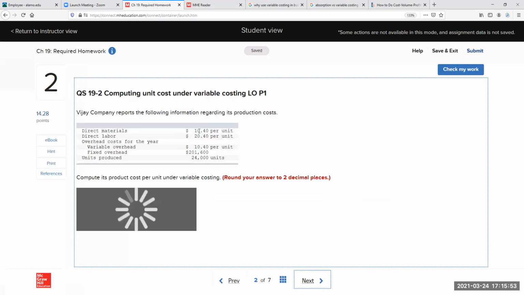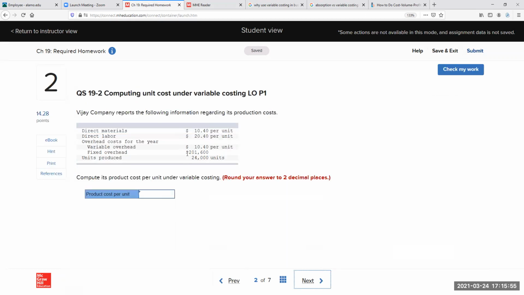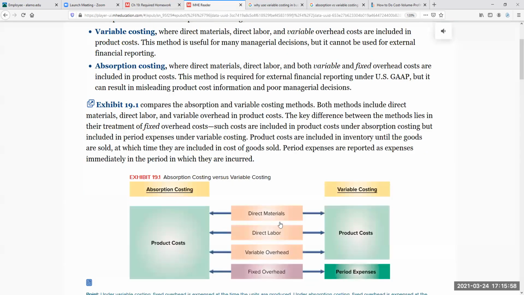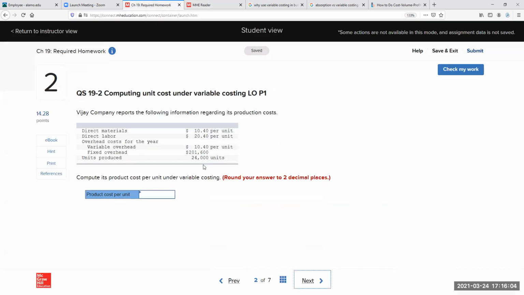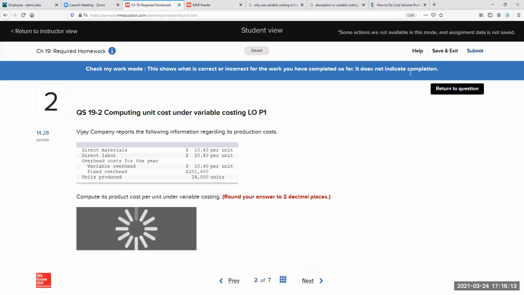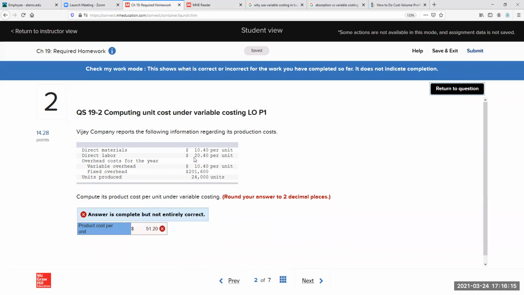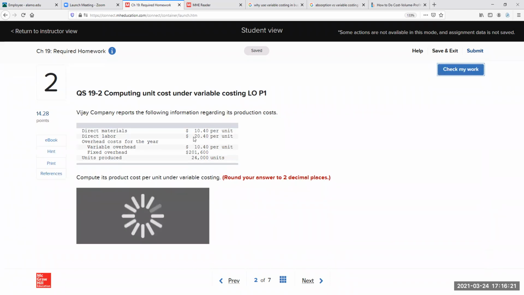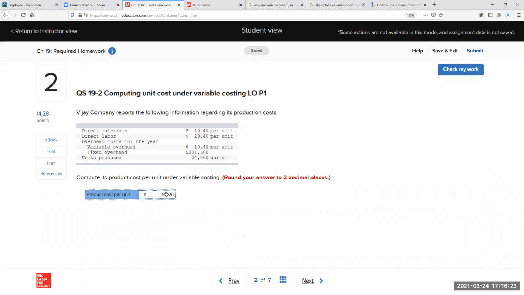Let's try the next one. Just the variable. So we don't have to include the fixed overhead, just materials, labor, and variable overhead. 20, 30, 40, 41, 20.